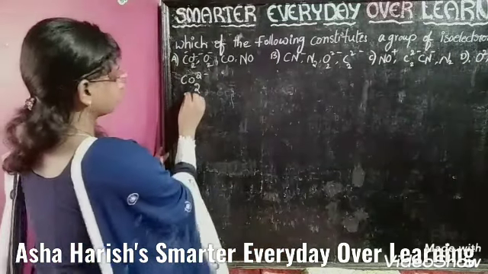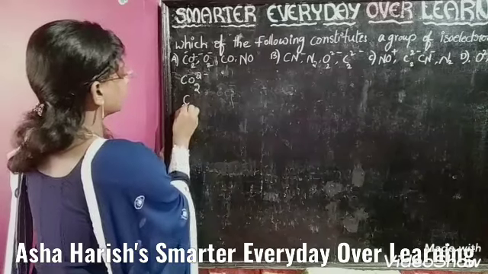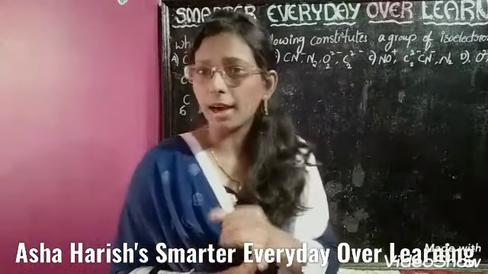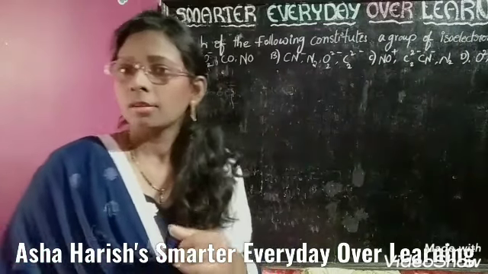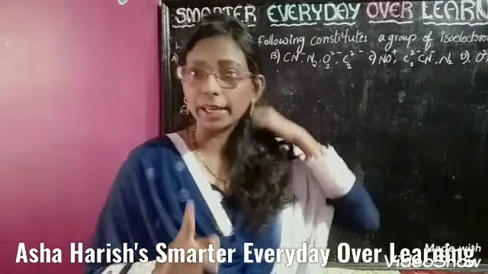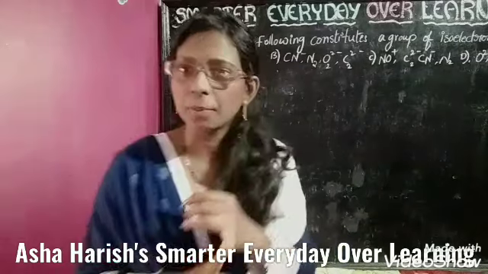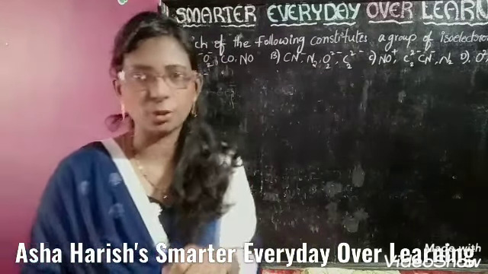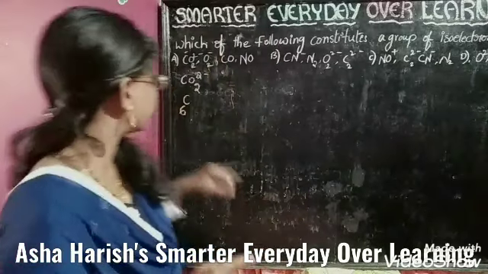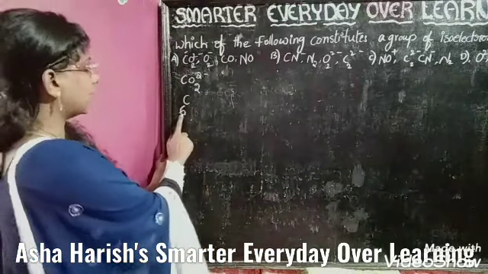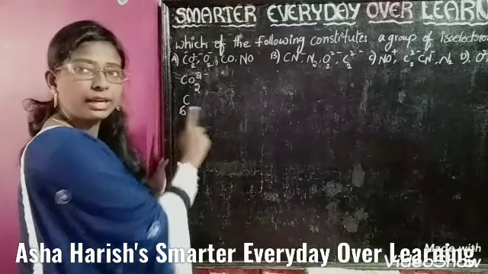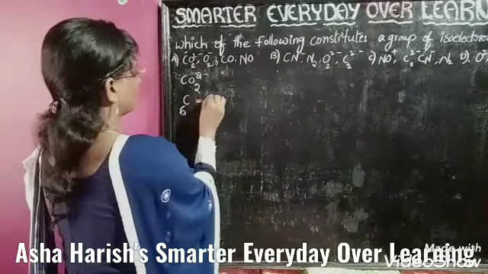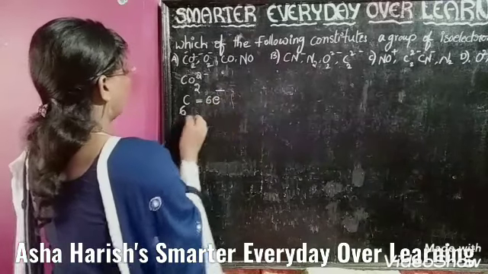We shall start. For carbon, atomic number is 6. What is meant by atomic number? It indicates the number of electrons. So atomic number represents the number of electrons as well as the number of protons. So for carbon, 6 is the atomic number, so electrons are also 6. So carbon has 6 electrons.